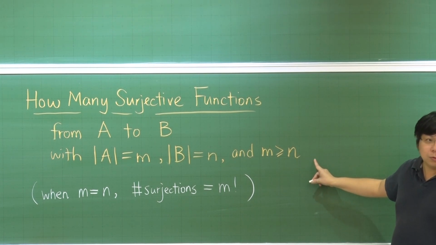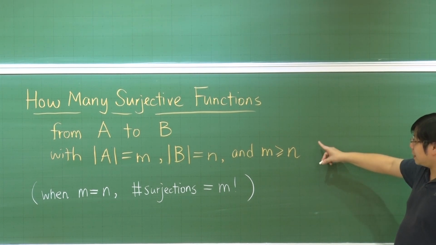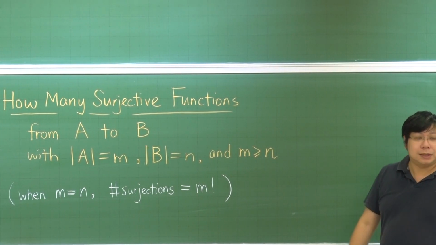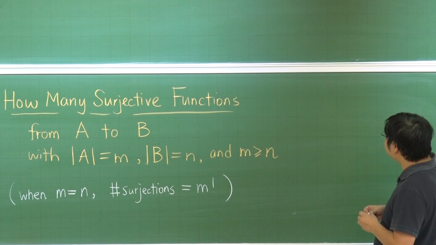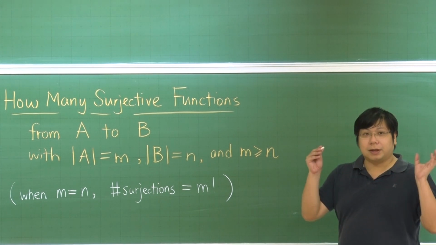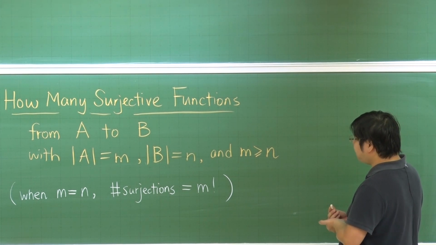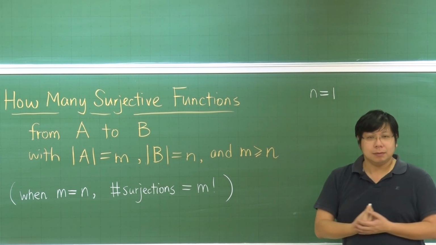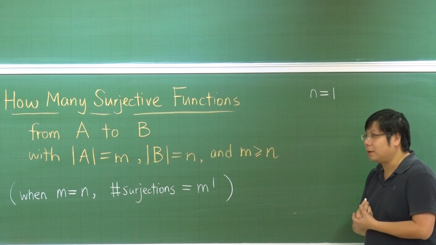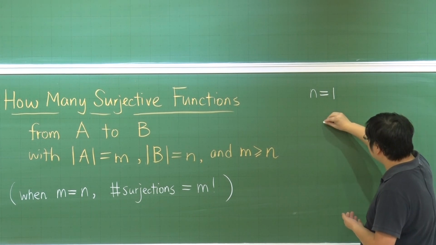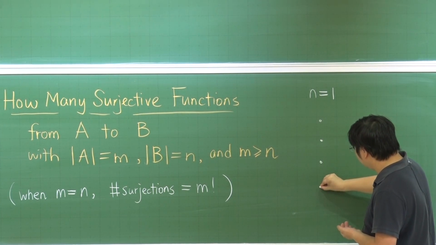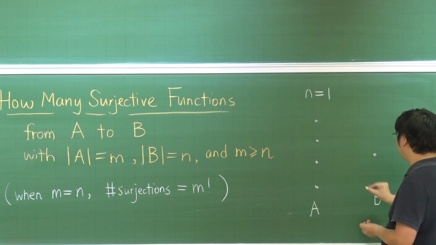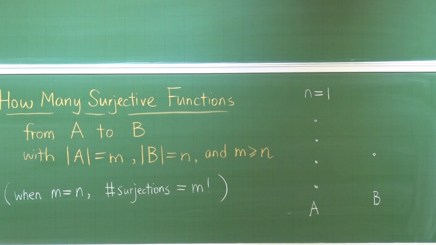Now, there is no very good rule for producing this number in terms of M and N, but we will still see some of its properties. First of all, let's focus on some simple cases. When N is equal to 1, you have a lot of items in A and just one item in B. How many surjections are there?